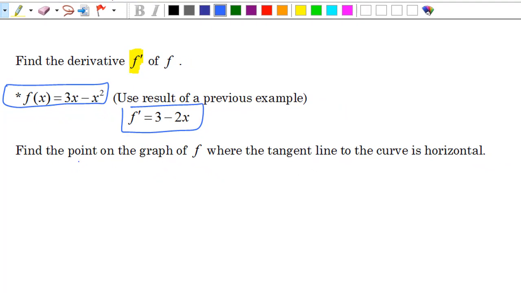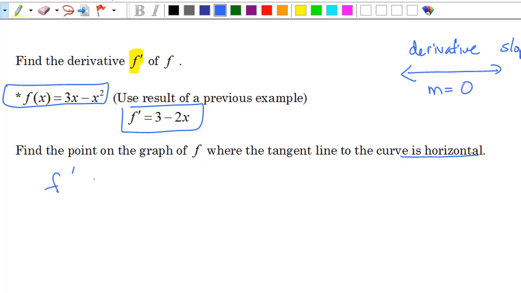We're going to be asked to find the point on the graph where the tangent line is horizontal. What does that mean? Well, remember, the derivative is the same as the slope of the tangent line. So if I want the tangent line to be horizontal, that slope is 0.